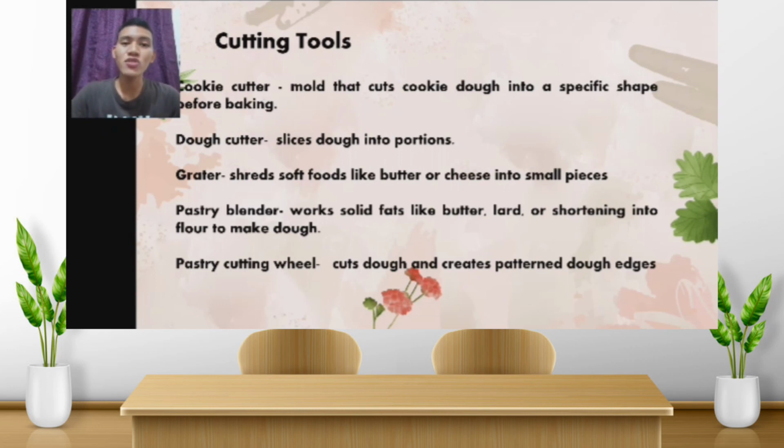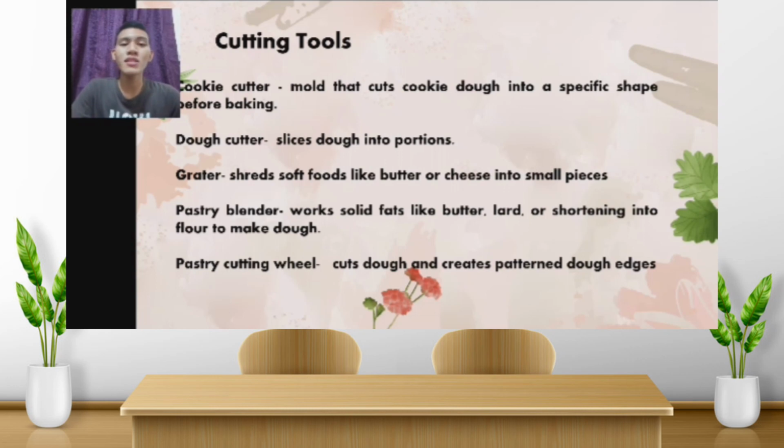It is used to shred soft foods like butter or cheese into small pieces, mostly for toppings like sprinkles. And for the pastry blender, of course, it works solid fats like butter, lard, or shortening into flour to make a dough. Okay.